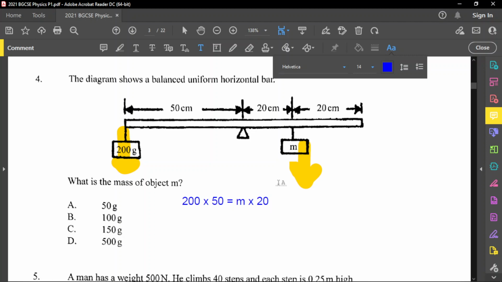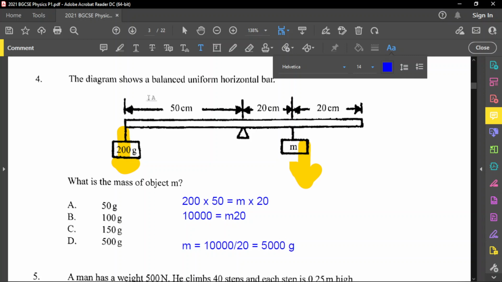Now 200 multiplied by 50, what you get there is 10,000. So 10,000 equals 20m. To make m the subject of the formula, m equals 10,000 divided by 20.